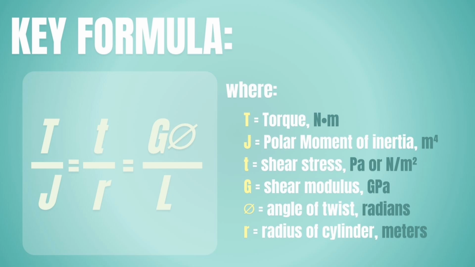For shear stress, measured in Pascal or Newton per meter squared, G for shear modulus measured in gigapascal, theta for angle of twist measured in radians, and lastly R for radius of cylinder measured in meters.